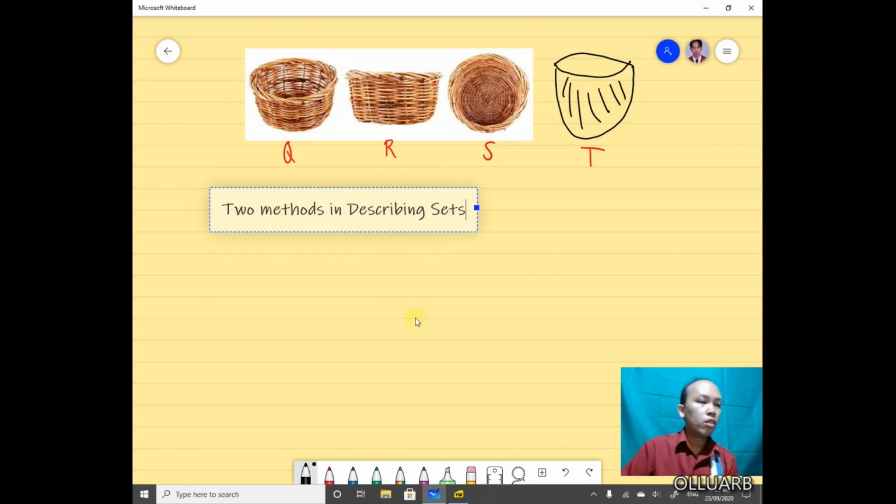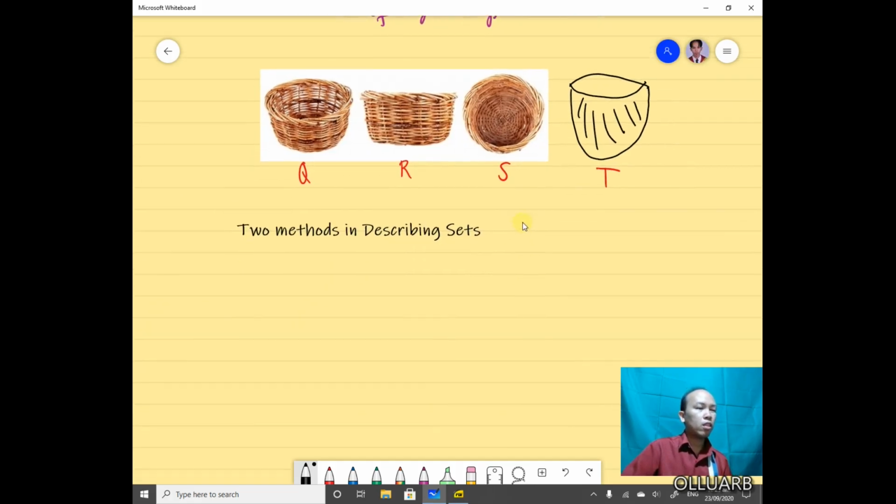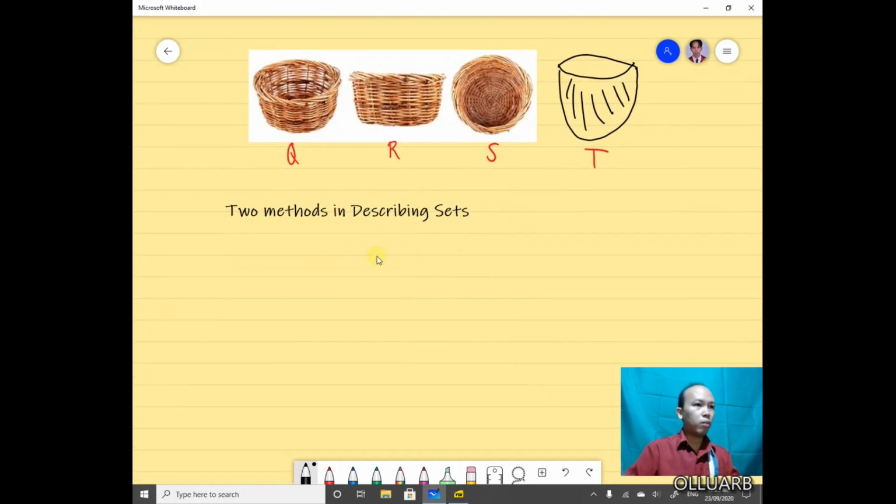As you can see here, the first one is the rule method.